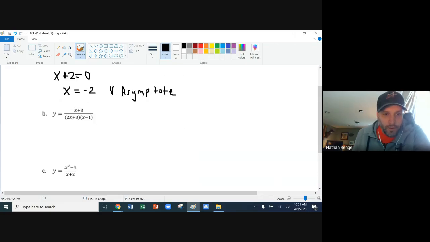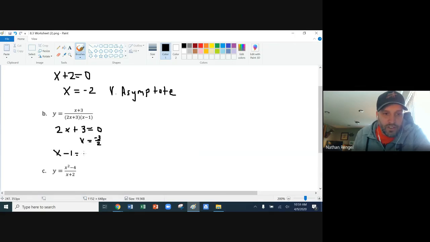Part B, we've got an x plus 3 up here. We've got a (2x plus 3)(x minus 1) in our denominator. So we'll find our points of discontinuity. 2x plus 3 equals 0. To solve this, we'll subtract 3 over. We'll divide by 2. That means x is going to be -3/2. And x minus 1 equals 0.